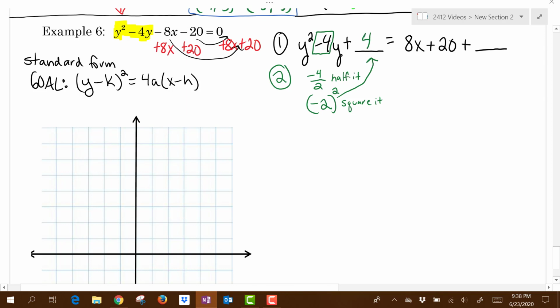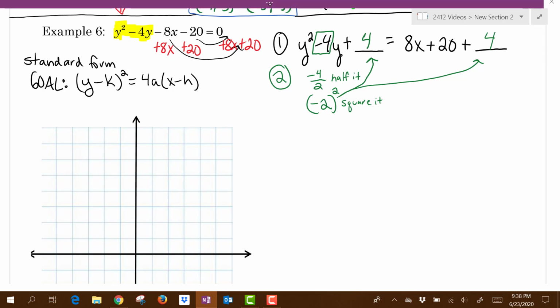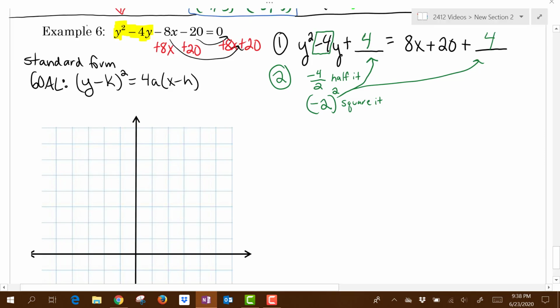This number always turns out to be positive, and I'm going to put that on both blanks, because if I add a 4 to the left side of an equation, I also have to add a 4 to the right side to keep things balanced. Alright, so now we're going to look to the left-hand side and we're going to factor that.